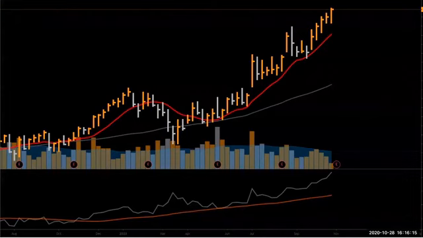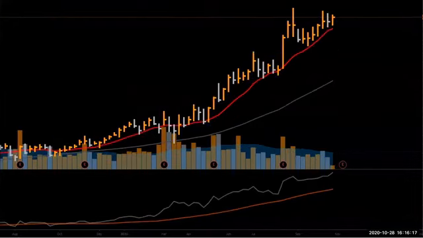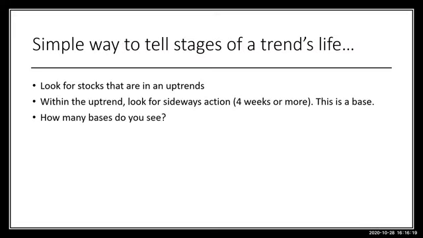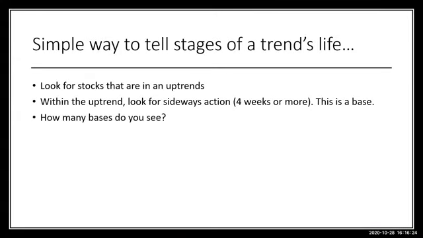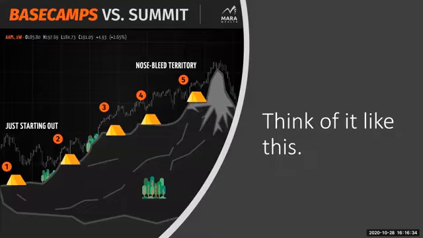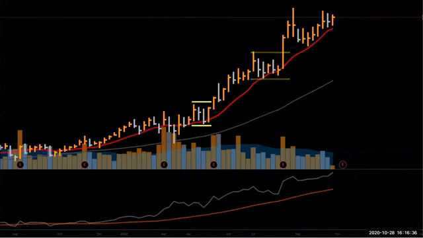Stocks that are in uptrends. Within the uptrend, look for sideways action, 4 weeks or more, and that's going to be the general base. Pretty simple.